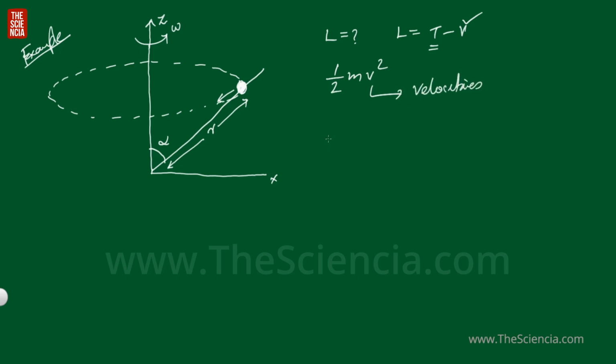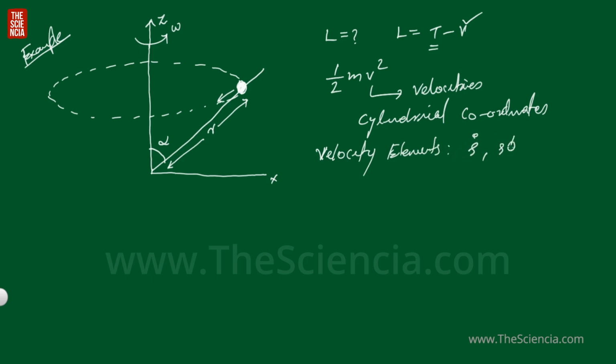Here we are using a cylindrical coordinate system, and in cylindrical coordinate system, I already told you the velocity elements are rho dot, rho phi dot, and z dot. I think you're remembering the cylindrical coordinate system that I already told you.